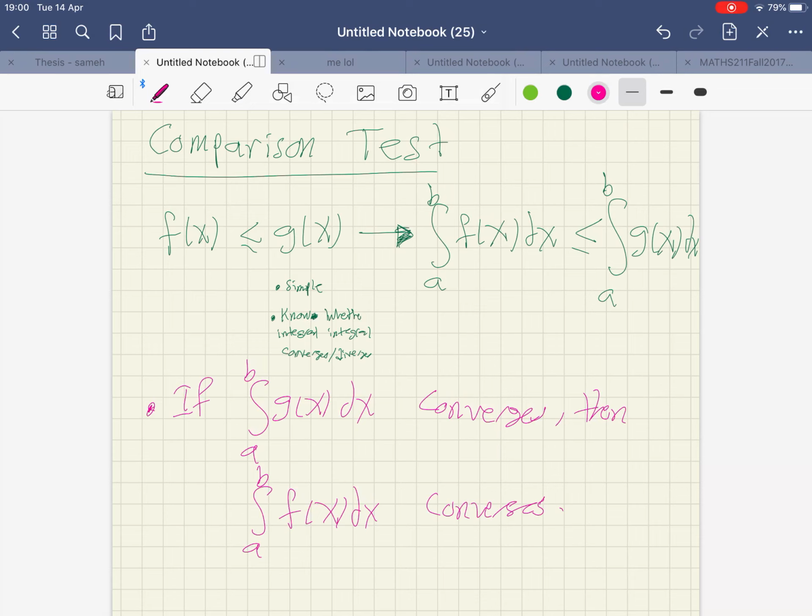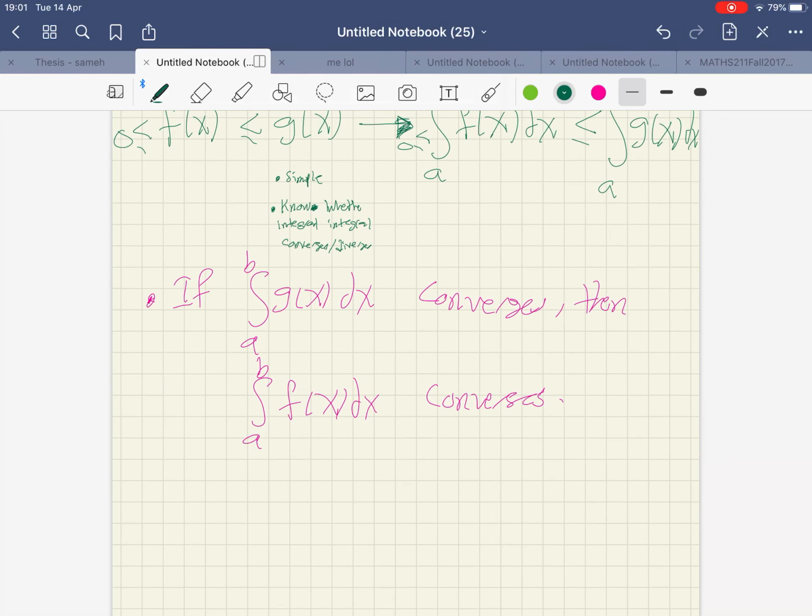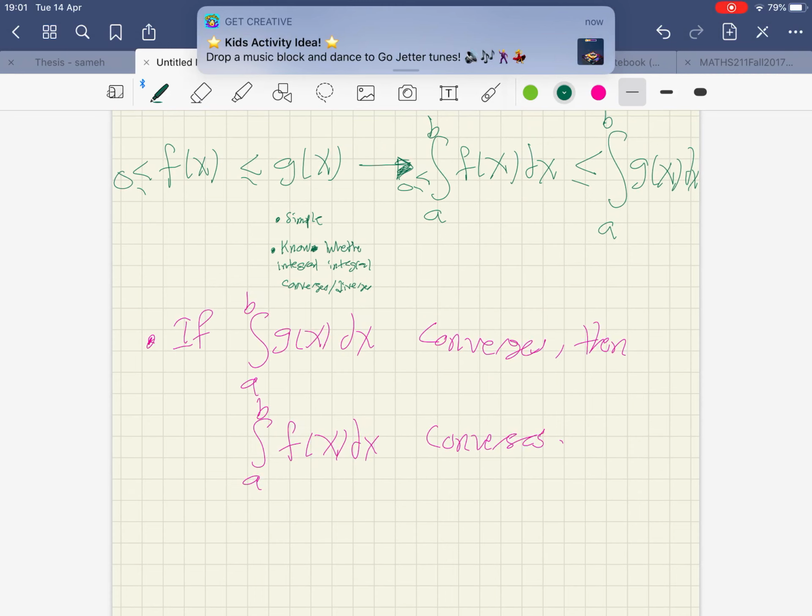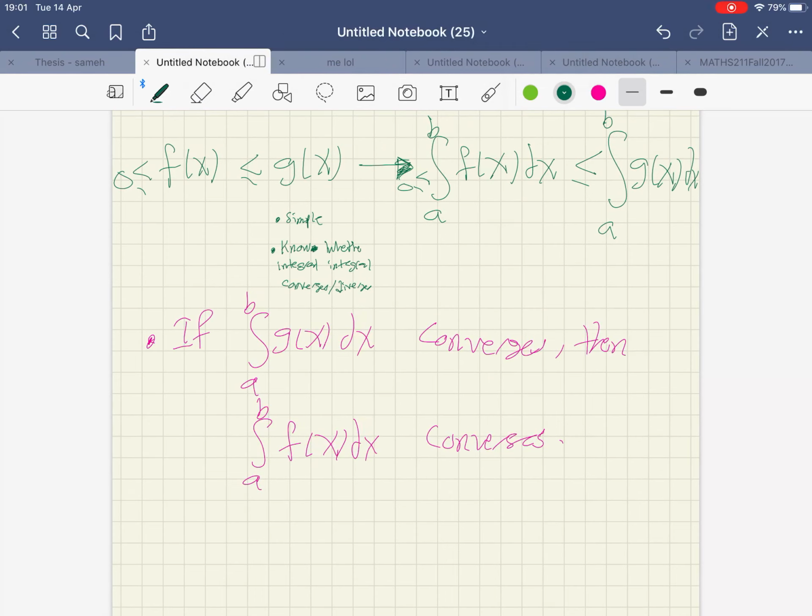The small one will be something less than 10, maybe 9, maybe 8, maybe 7, but it will not be infinity. Of course, here we assume everything is positive, so we don't care about negative infinity, and that's the story. So if the big one converges, the small one converges.